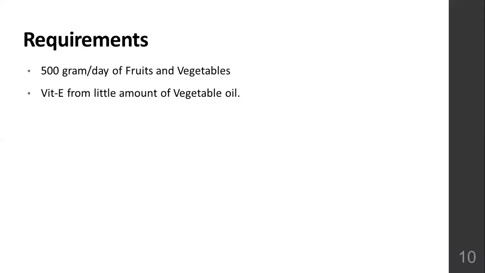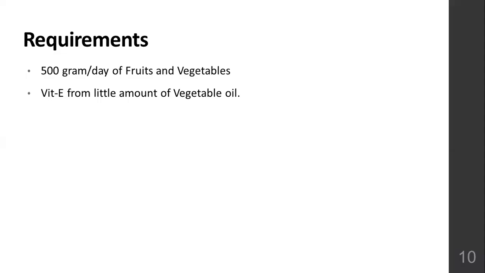So, what are the requirements of antioxidants? At least 500 gram per day of fresh fruits and vegetables. Vitamin E from a very little amount of vegetable oil is also enough for the requirement of antioxidants.